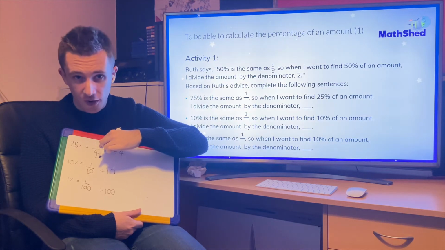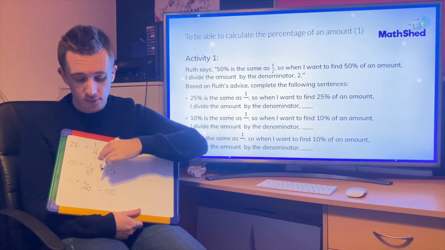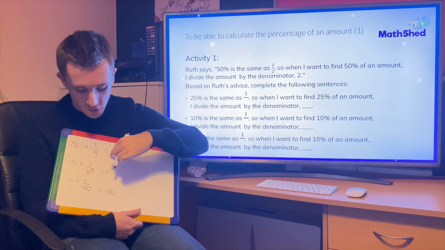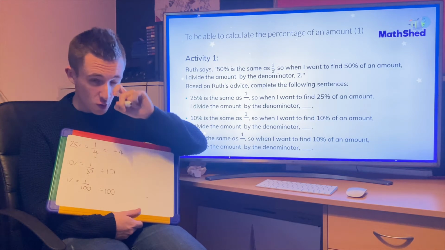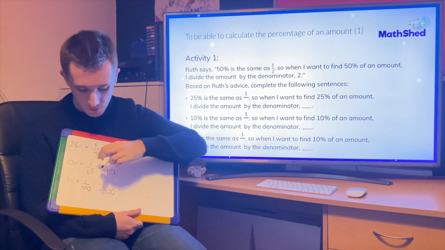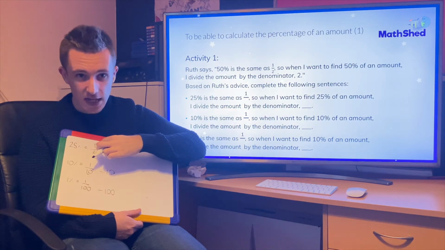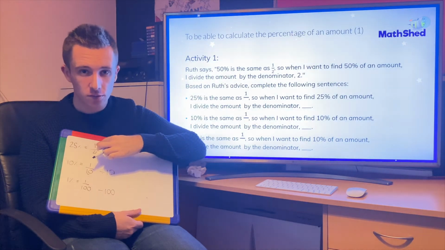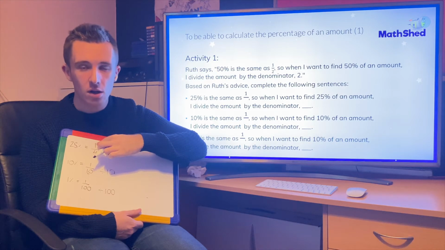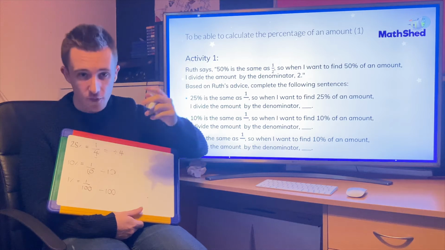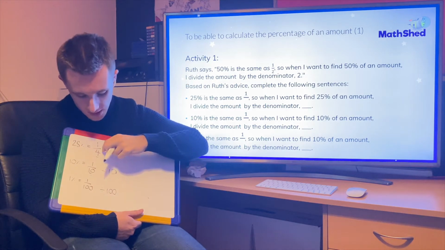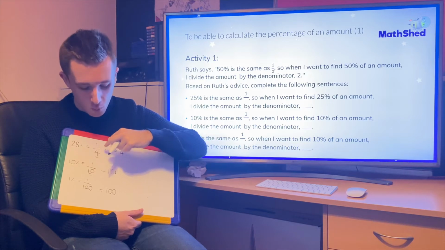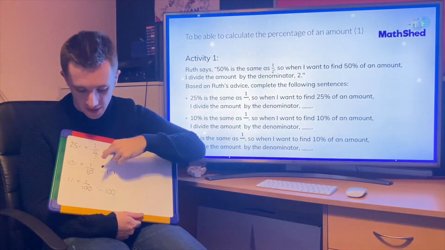As long as it's 1 over something, to find it, you just divide by the denominator. Key rule, that only works if it's what we call a unit fraction, i.e. it's 1 over something, not 3 over something or 2 over something. If it is 1 over something, we can just divide by the denominator.